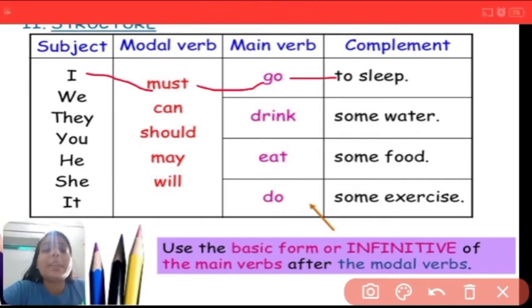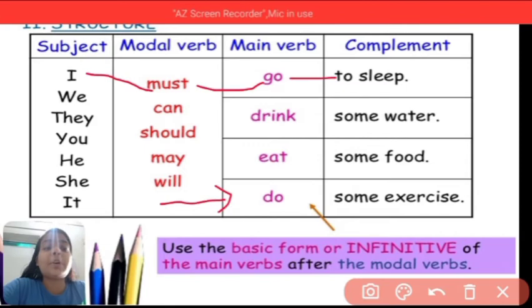One thing to notice is that after these modal verbs, the basic or infinitive form of the main verb is used.